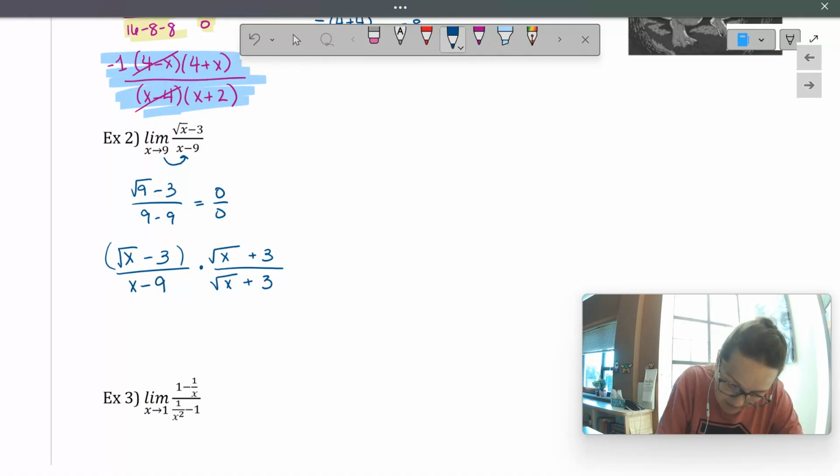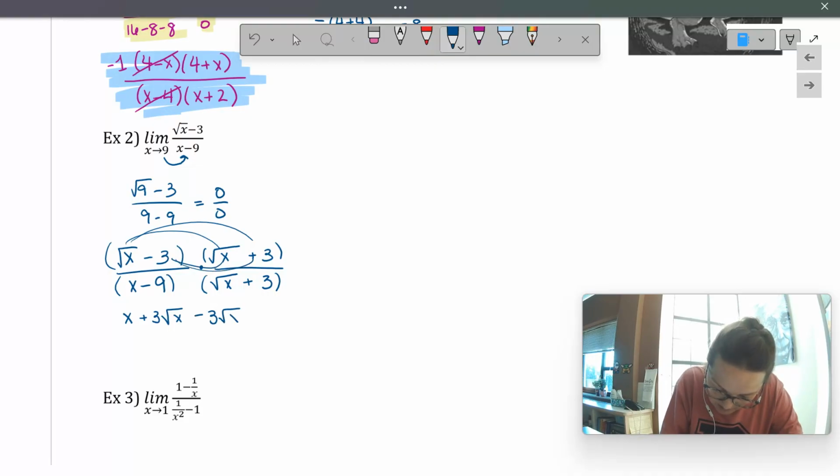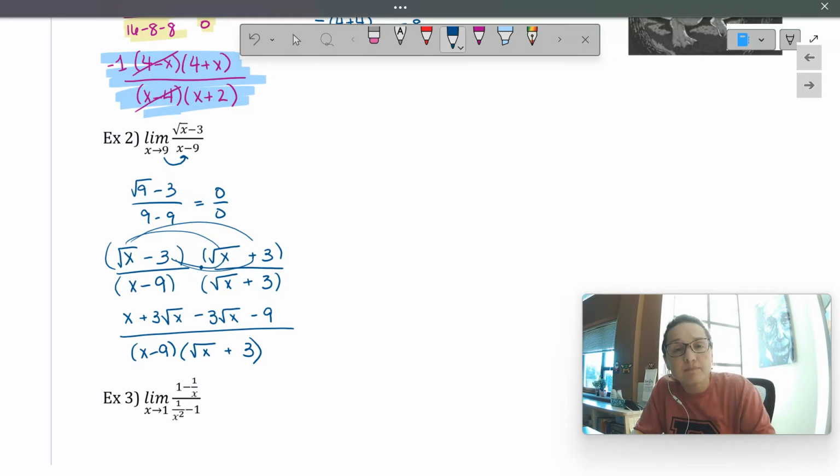So if I multiply by the conjugate of the numerator, I am going to multiply that numerator out, and that's going to become x plus 3 root x minus 3 root x minus 9. And I'm going to leave the denominator alone because the denominator was not the thing I was trying to simplify.